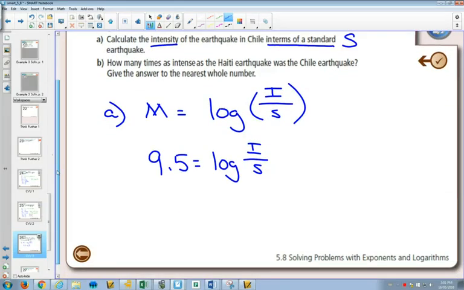How do I change this to exponential form? 9.5 is the exponent. The base is 10.